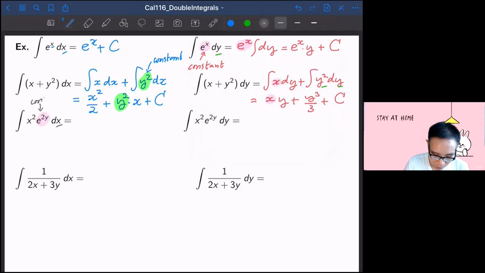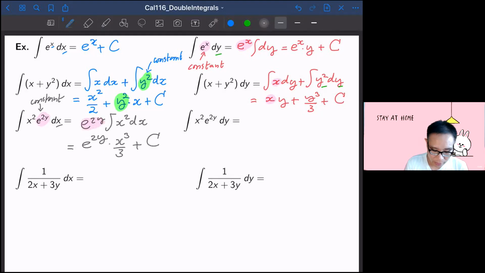This is constant, so it's going to be just e to the 2y, and you integrate x squared dx. And so you just have e to the 2y times x cubed over 3 plus c.